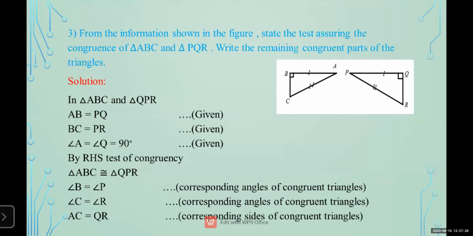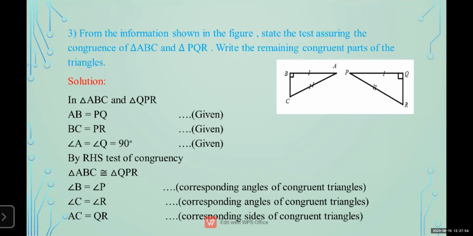Okay. So remaining things means one side is remaining, that is BC and QR. So they are also congruent afterward. And two angles. Which two angles? Angle A is congruent to angle P and angle C is congruent to angle R. Okay. So they are also congruent. लेकिन जब हम साइड ऐसे congruent दिखाते हैं, so what we can say?